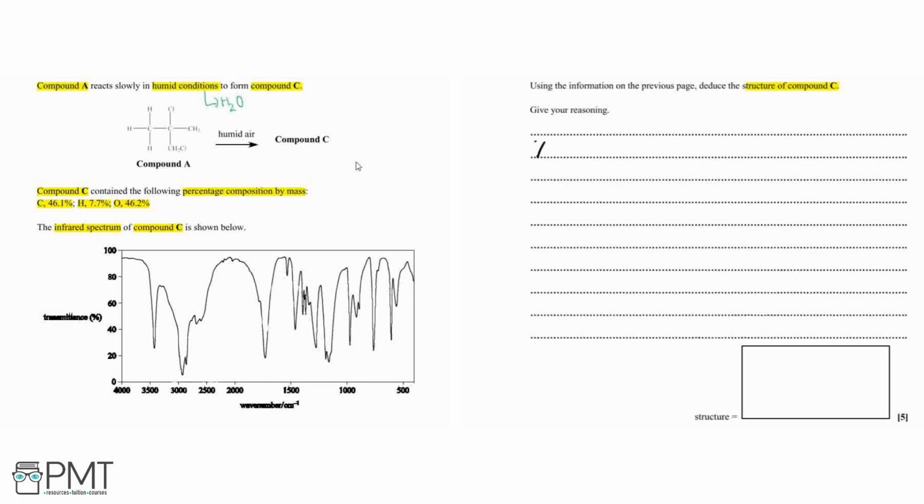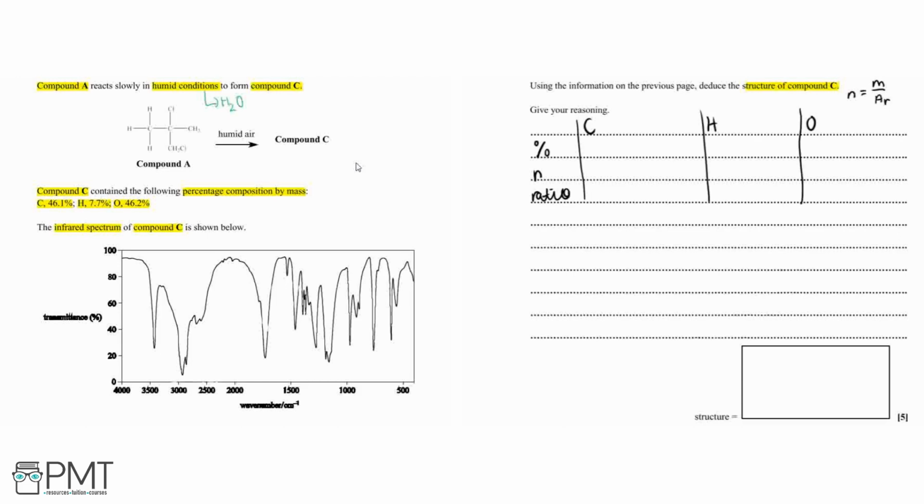So we'll need our percentages, our moles, and our ratios. And because we've got the percentage composition by mass overall, we can use the formula of moles equals mass divided by atomic mass. So where we're using our percentages as the masses here for each of these parts overall.